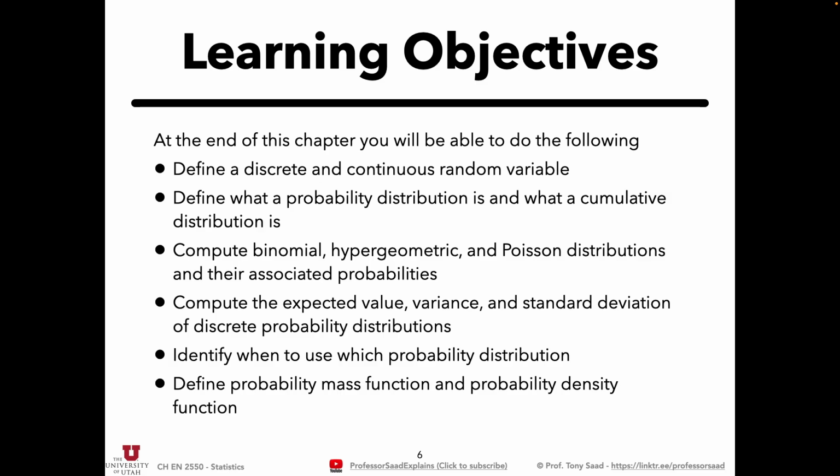Compute the expected value, variance, and standard deviation of these distributions, because once we switch to distributions, you start asking about statistics of the distribution itself rather than just a set of discrete data. Identify when to use which probability distribution, and define what's called a probability mass function. And a probability density function, we're not going to do this year. We will just mention it, but you'll define it in the next chapter.